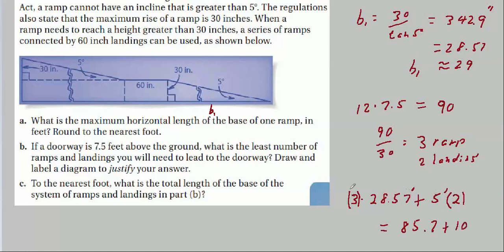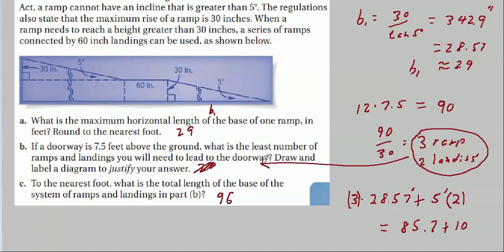And that's 95.7, 85 and 10, and they want it probably to the nearest foot like last time. And that would be 96. Oh, and this was supposed to be 29 here. Pardon me, this is 29. This was the answer to part B. Sorry. This one was 29 and this one was 96.